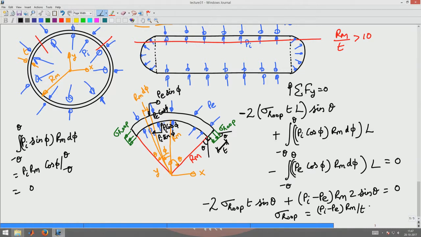Okay. That is intuitive, because on either side of the center line of this structure, the direction of the horizontal forces is opposite to each other. So, that will get cancelled out. Okay. So, the hoop stress is given by (Pi minus Pe) into Rm by T. Okay. So, that is the hoop stress.